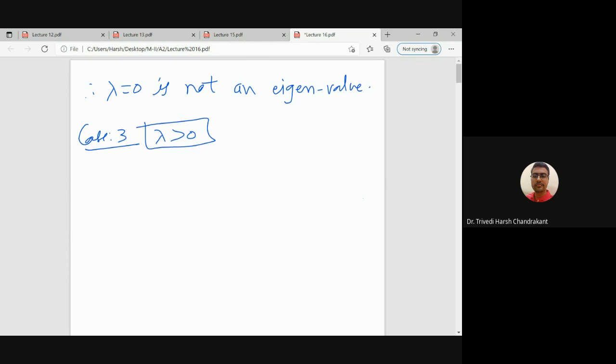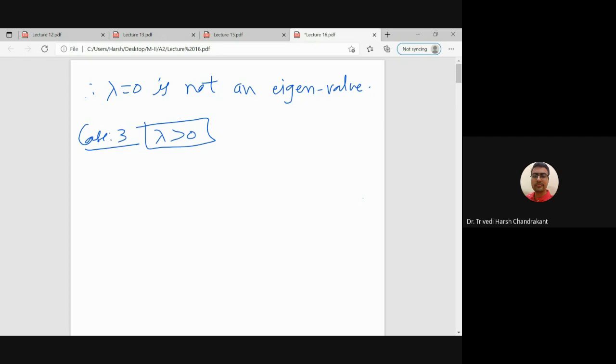If we have this differential equation and lambda is greater than 0, then now we are checking whether it has an eigenfunction. Lambda greater than 0 means lambda is equal to 1, lambda is equal to pi, lambda is equal to root 2. All these are real numbers, and we check whether this differential equation has an eigenfunction corresponding to that value of lambda.